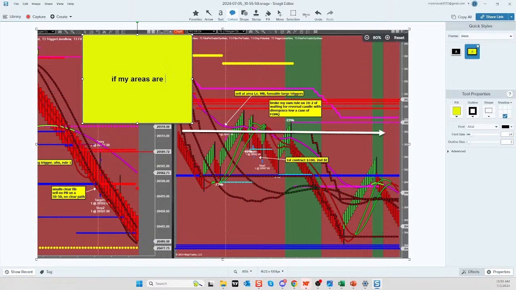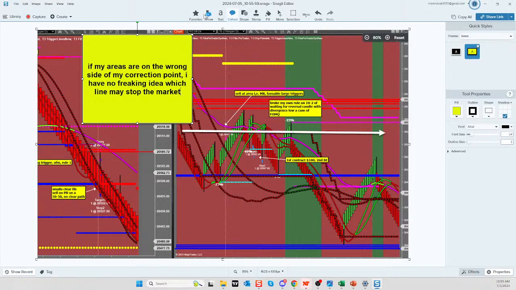If my areas are on the wrong side of my correction point, I have no idea which line may stop the market. As long as I'm beyond it.